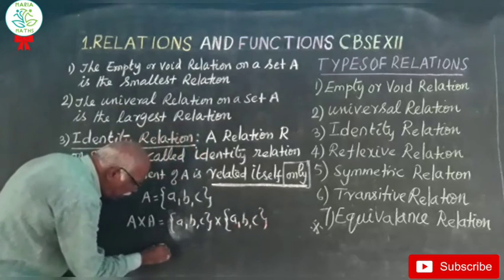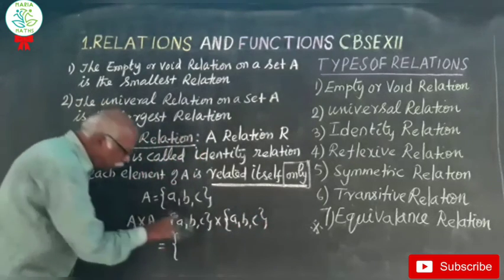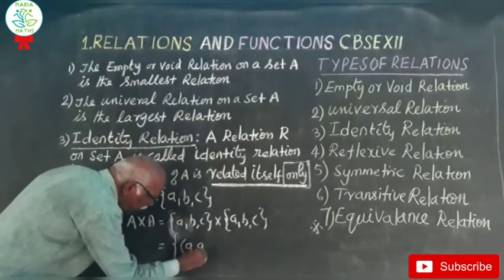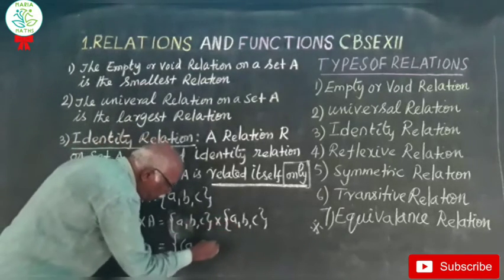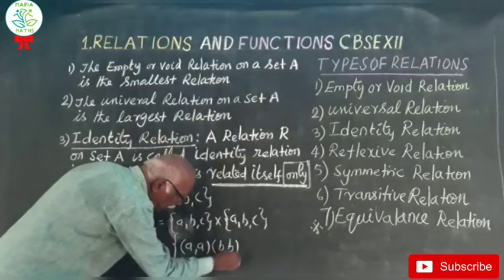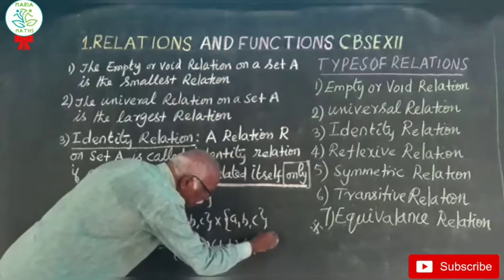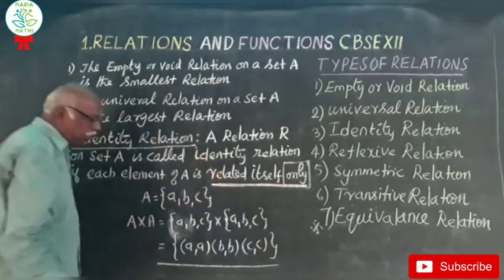To form an identity relation, a is related to a only, (a, a). b is related to b only, (b, b). c is related to c only, (c, c). That's all, the identity relation.